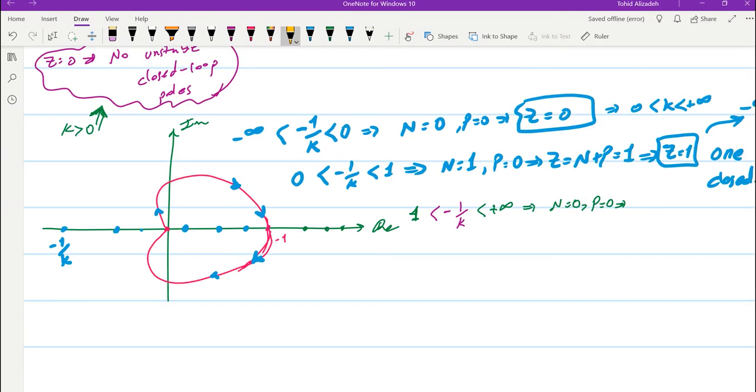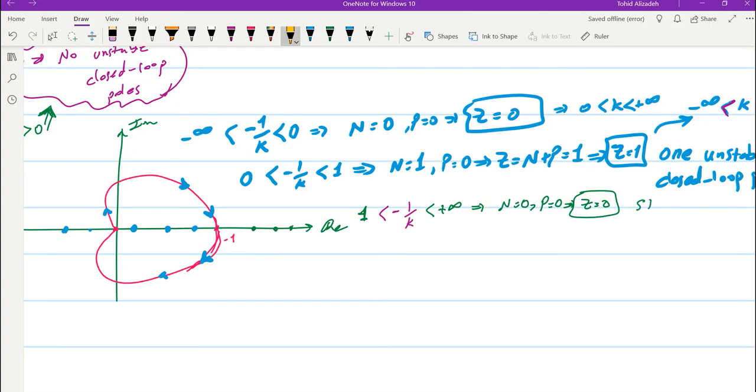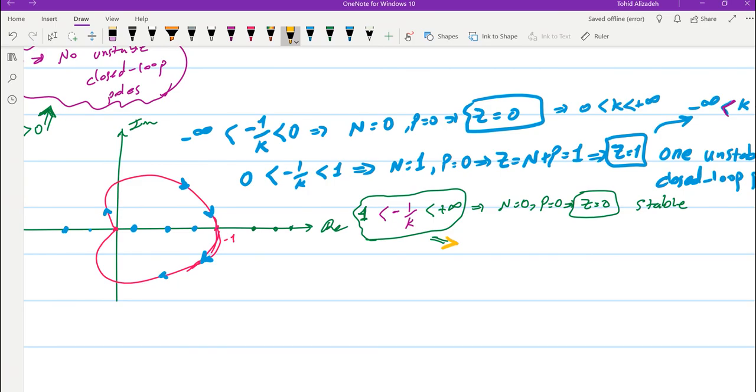Since P is equal to 0, Z will become equal to 0, and the system will become stable. And you can again translate this minus 1 over k between 1 and plus infinity. It will be translated into k between 0 and minus 1.